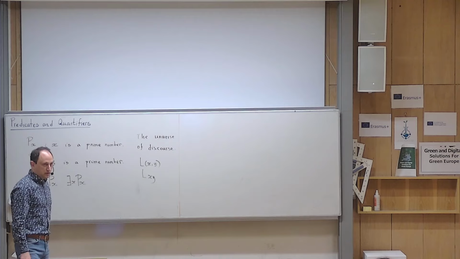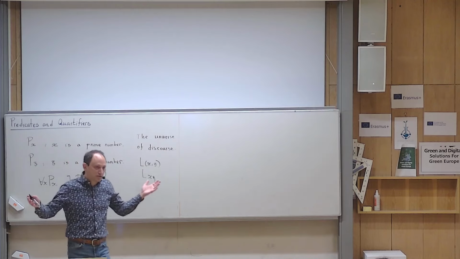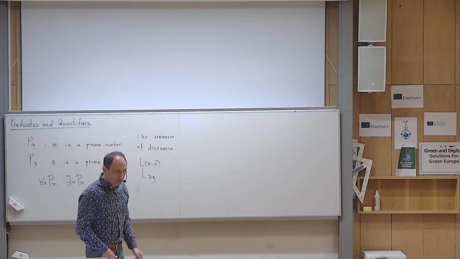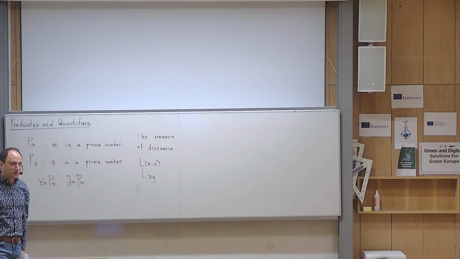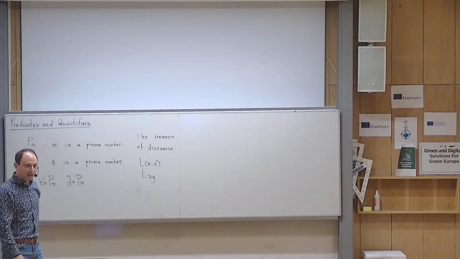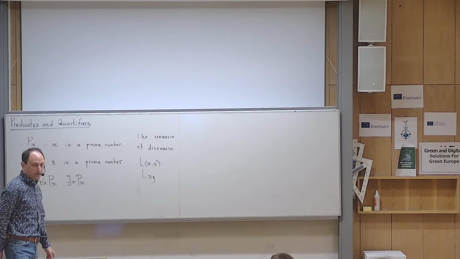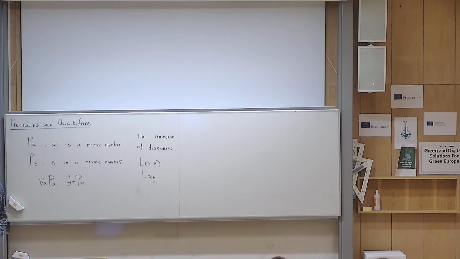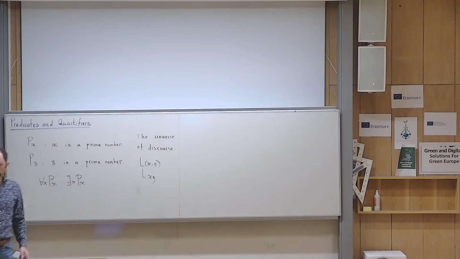Of course, for example, the universe of discourse can be the set of all humans or whatever. It's like a reservoir for taking the values of the variables from. Okay, any questions so far? Is that understandable?